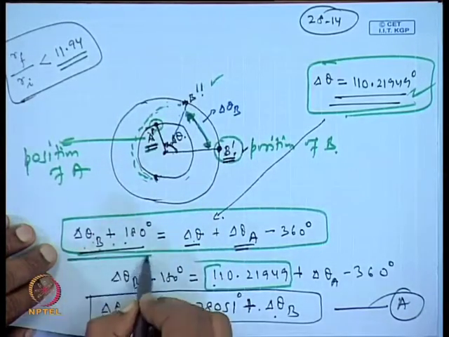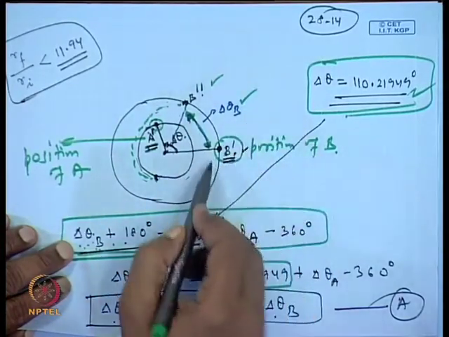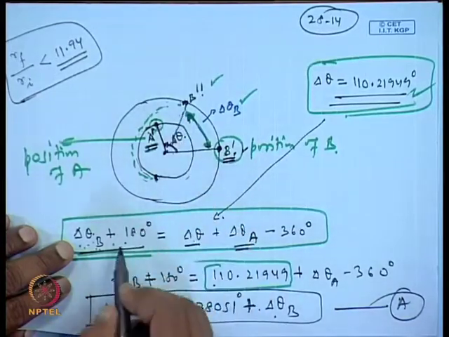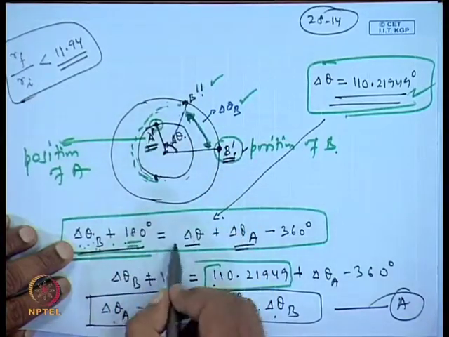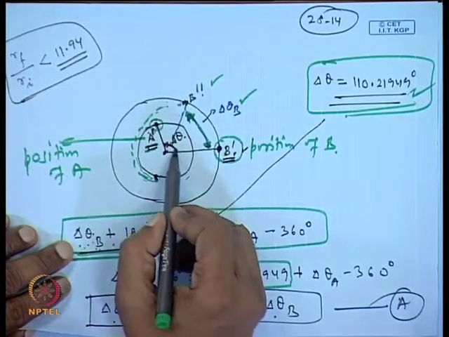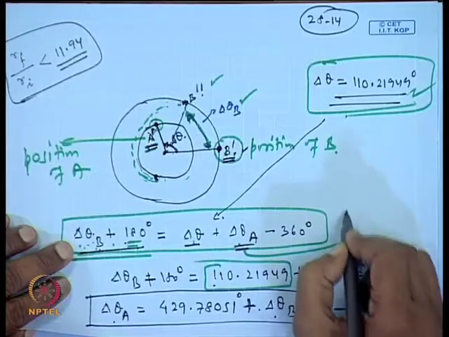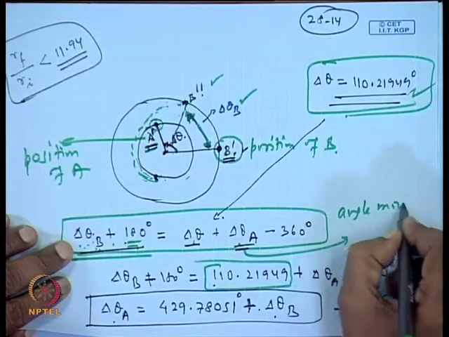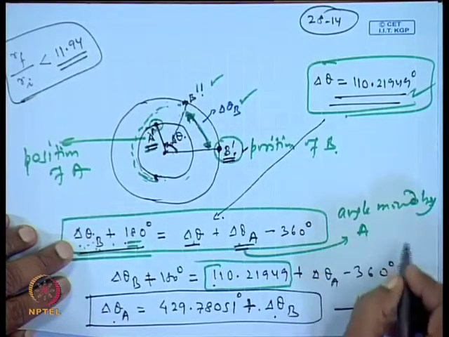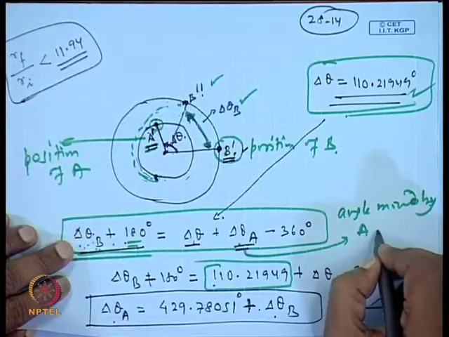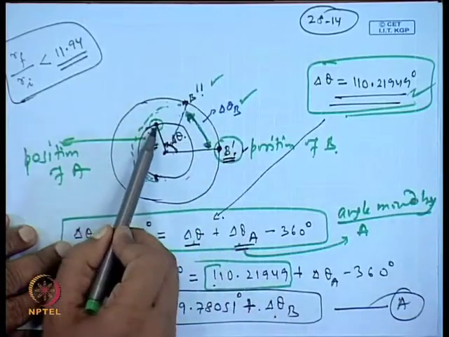That situation was described by this condition: delta theta B, which is the angle moved by asteroid B from here to here, plus 180 degrees, which is the angle from here to here again, must be equal to delta theta, the initial lead, plus delta theta A. This is the angle moved by A, which will start from this position at A prime.